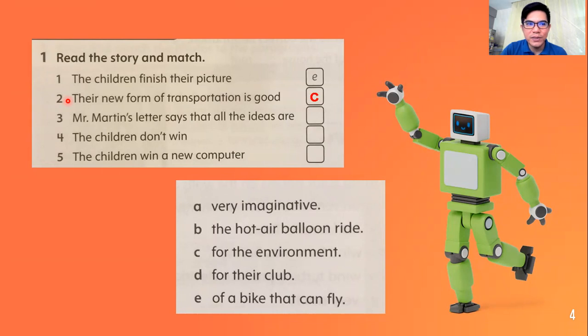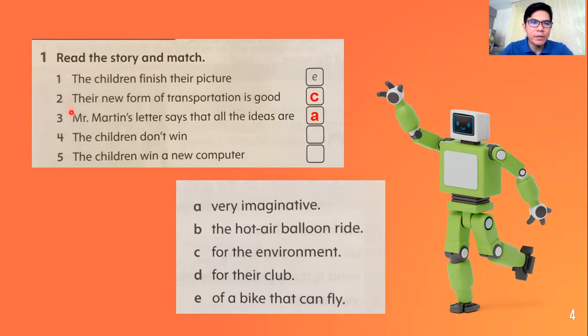All right, let's move to number 3. Mr. Martin's letter says that all the ideas are, what's your answer? 3, 2, 1. The correct answer is letter A. Mr. Martin's letter says that all the ideas are very imaginative.